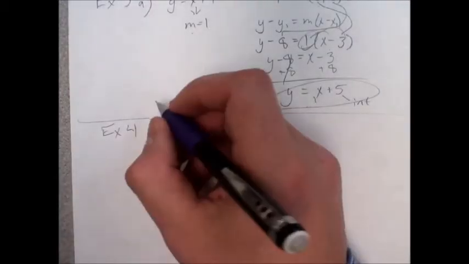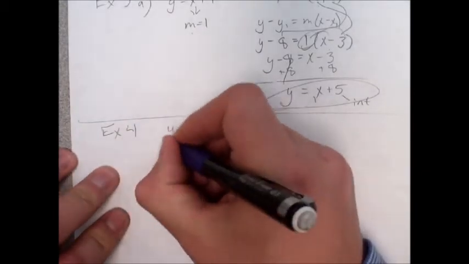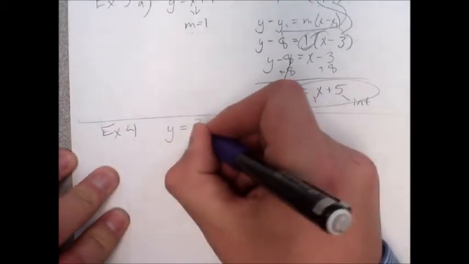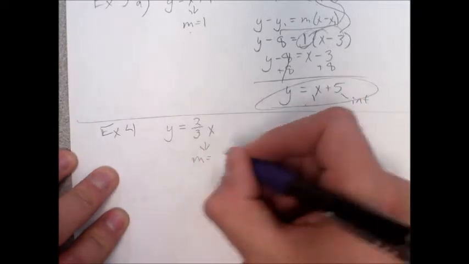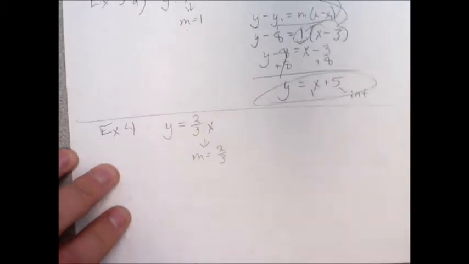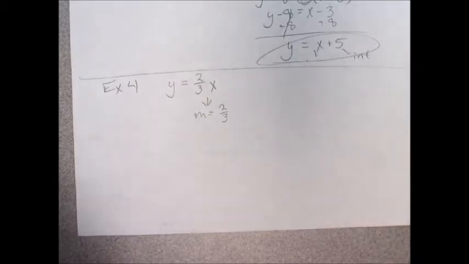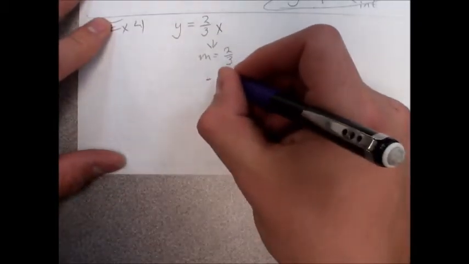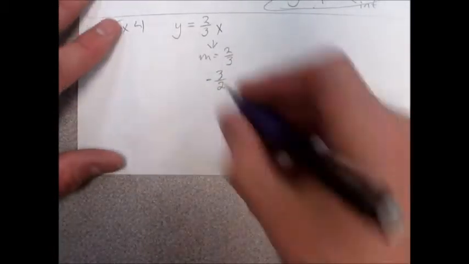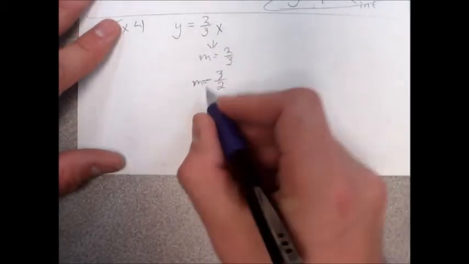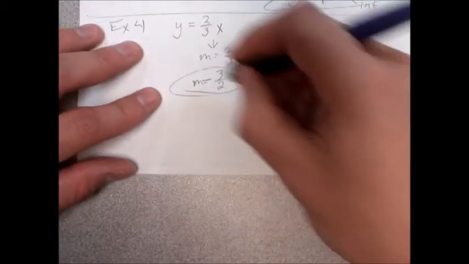Okay, example 4. It says, find a line perpendicular to this equation, y equals 2/3 x. What is the slope of this line? 2/3. What will the slope of the line that we are looking for be? Opposite reciprocal, remember that. Negative 3/2, because I'm flipping it, right? So the slope of the line I'm going to find will use negative 3/2.